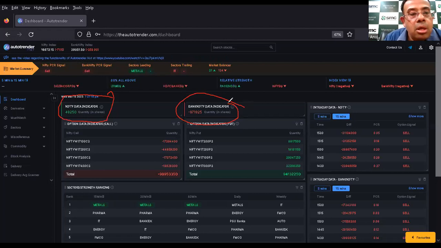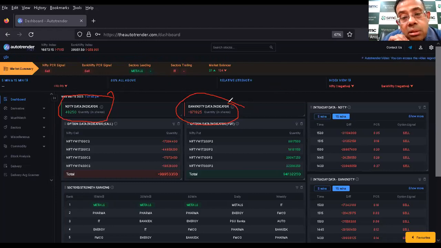Here you can see that the Nifty data indicator has a positive value. That means from the perspective of futures data in Nifty, it is suggesting a positive trend, whereas the Bank Nifty data indicator is suggesting a negative trend to the tune of 9,71,925 quantity. So this is one basic thing. This is an initial indicator.